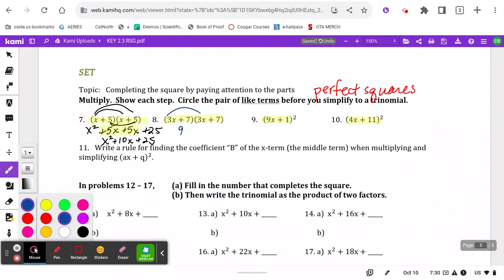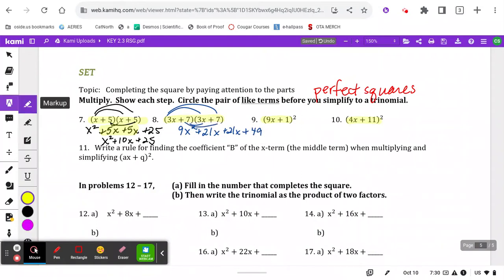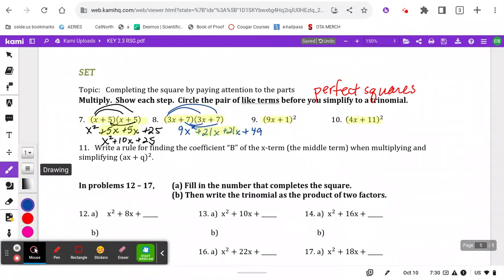First times first, outer times outer, inner times inner, last times last. Combine that middle term. And I notice it's a 21 and a 21, which makes 42.